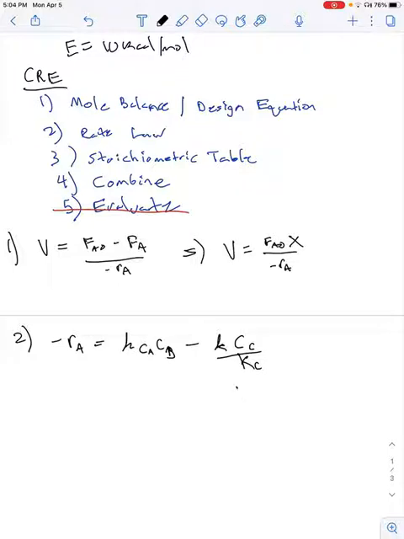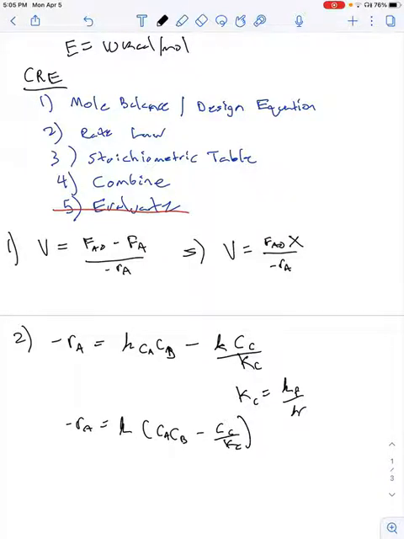And this is because Kc equals kf over kr, so if you plug this in, this would be kr times CC. So this will be negative rA equals k times CA CB minus CC over Kc. Alright, so that's typically how it's written.